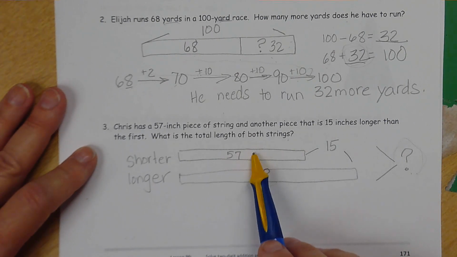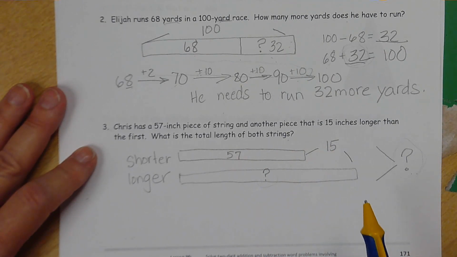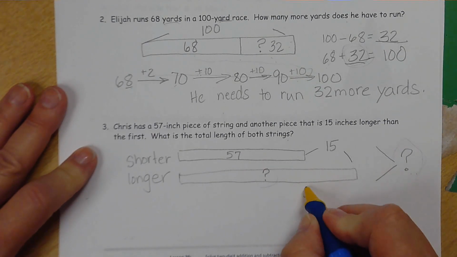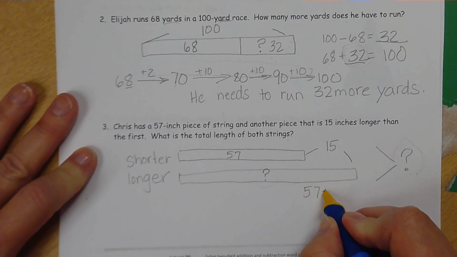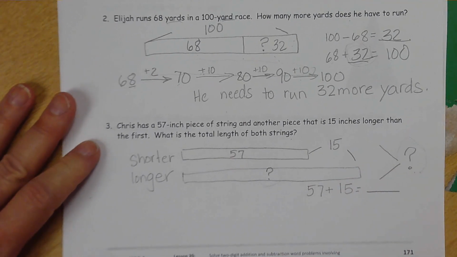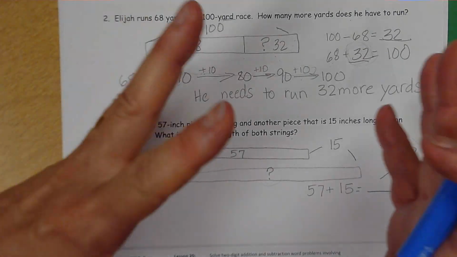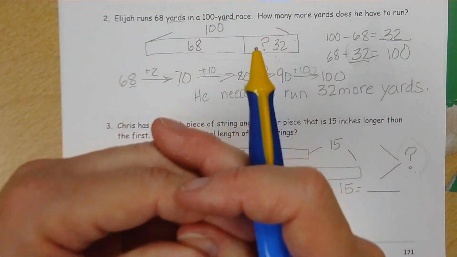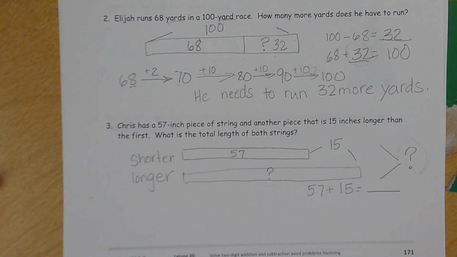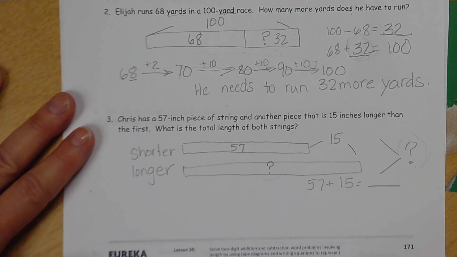What do you do if you have two parts and you don't know what the whole is? You add. 57 plus 15 equals blank. So we need to find the whole, putting the two parts together.